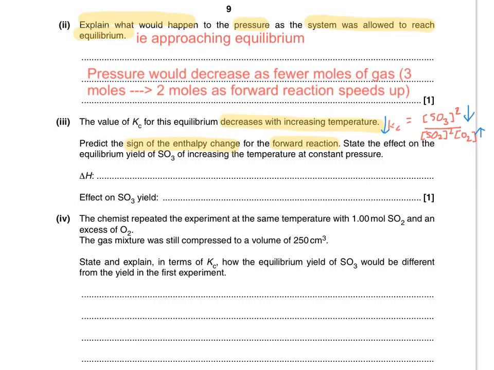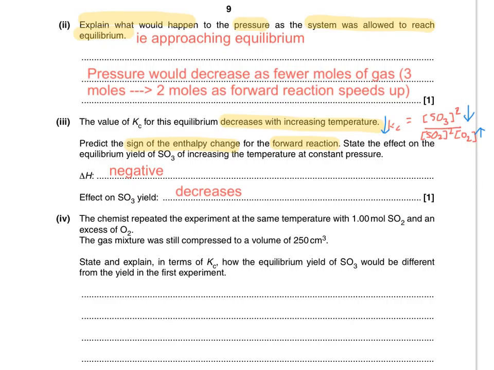So the products are going down in concentration, so the reactants are being favoured. So if that happens with increasing temperature, it means the reverse reaction is endothermic, so the forward reaction must be exothermic, and therefore negative, which in itself would mean that the effect on the SO3 yield is that it decreases.